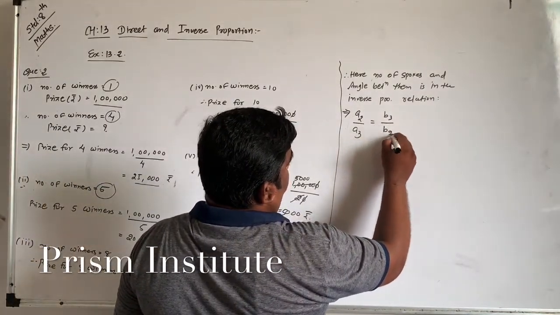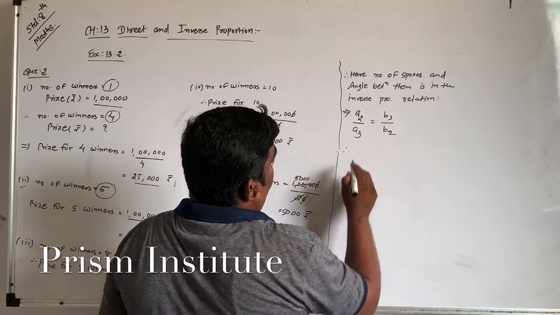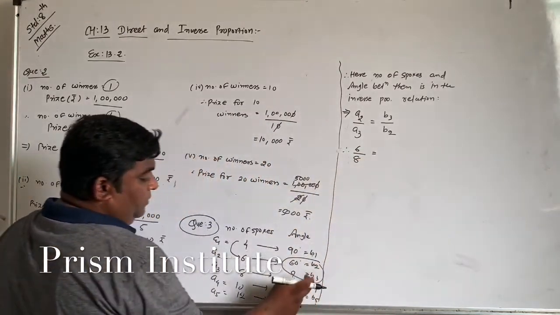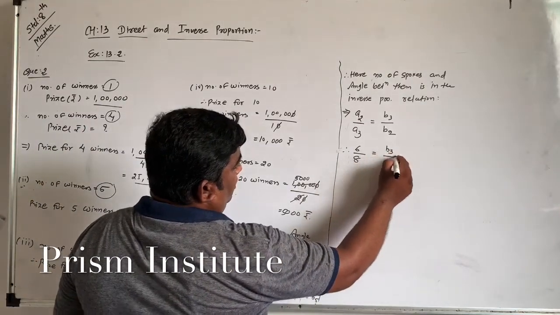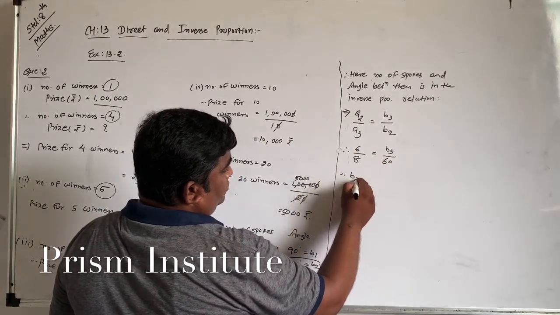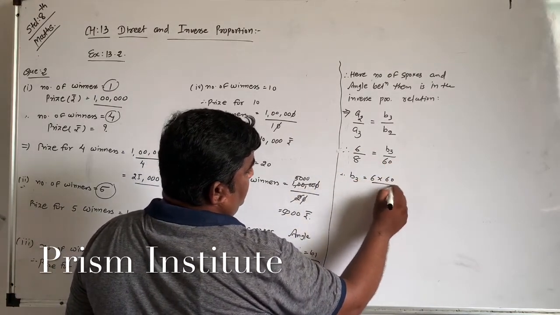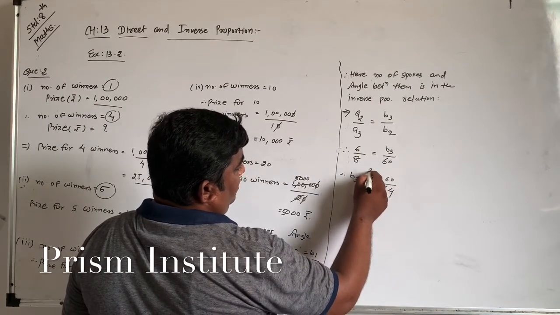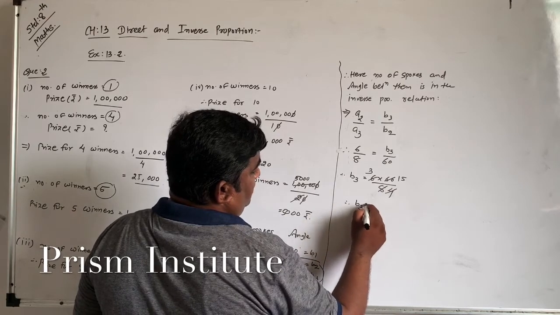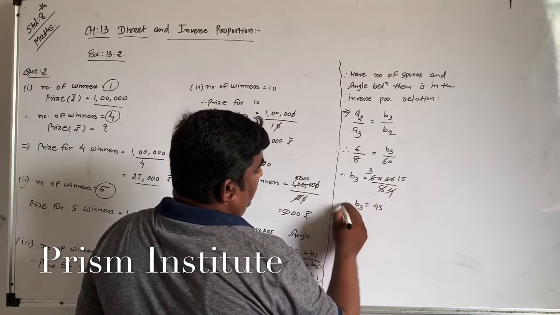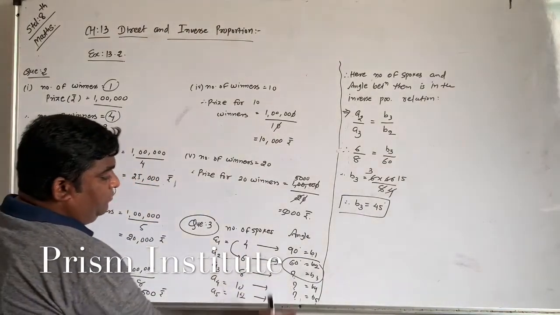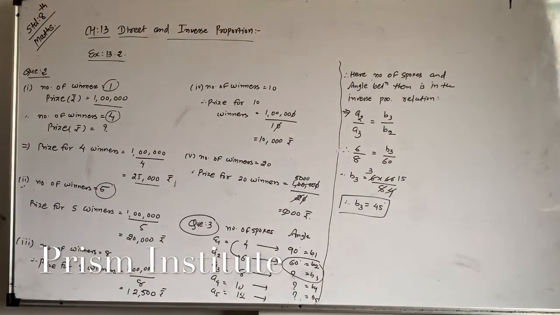Therefore here A2 is 6, A3 is 8. We want to find B3, and B2 is 60. So B3 equals 6 into 60 divided by 8, that is 45 degrees. So if the number of spokes is 8, the angle between consecutive spokes is 45.